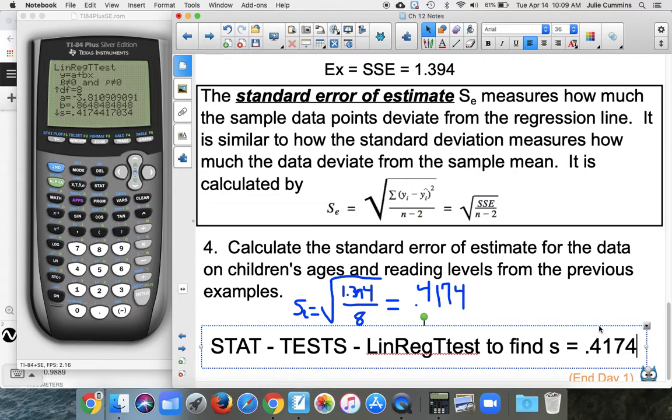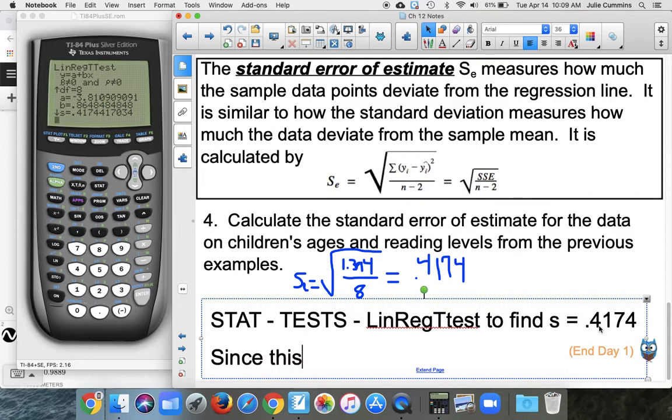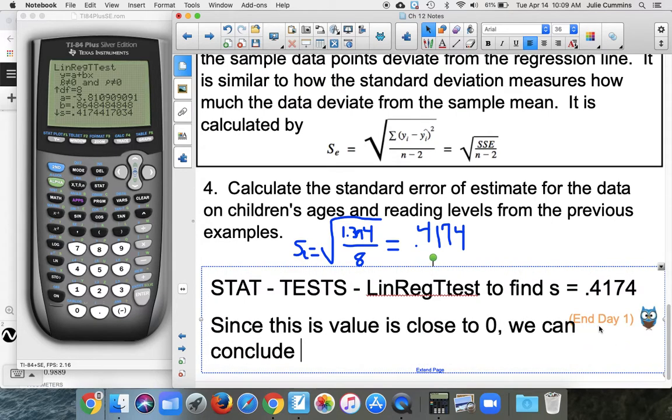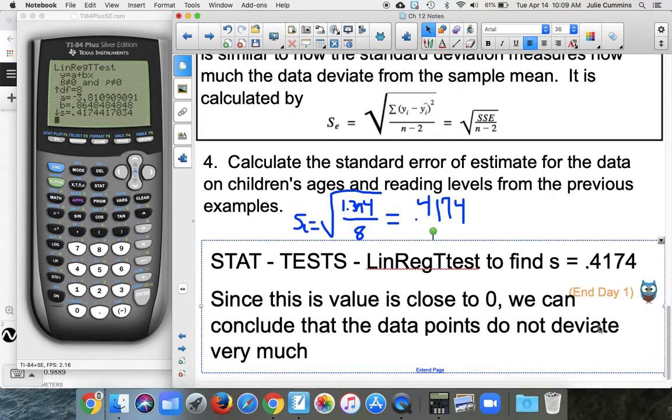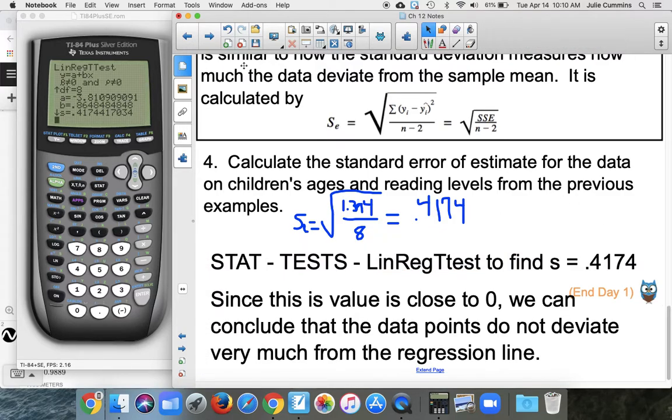Now what we can say about this is, since this value is close to 0, we can conclude that the data points do not deviate very much from the regression line. If your S value were large, like 40, then your data might vary a lot. Okay. We'll check out some more stuff about linear regression in the next video.